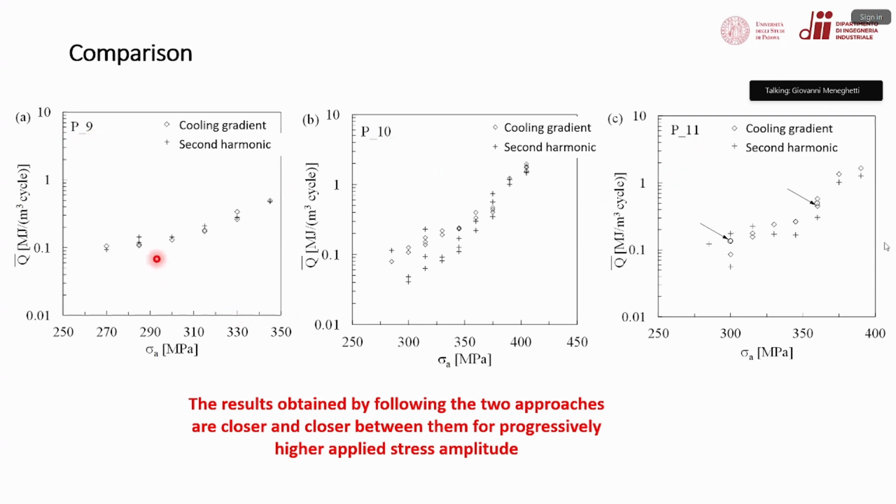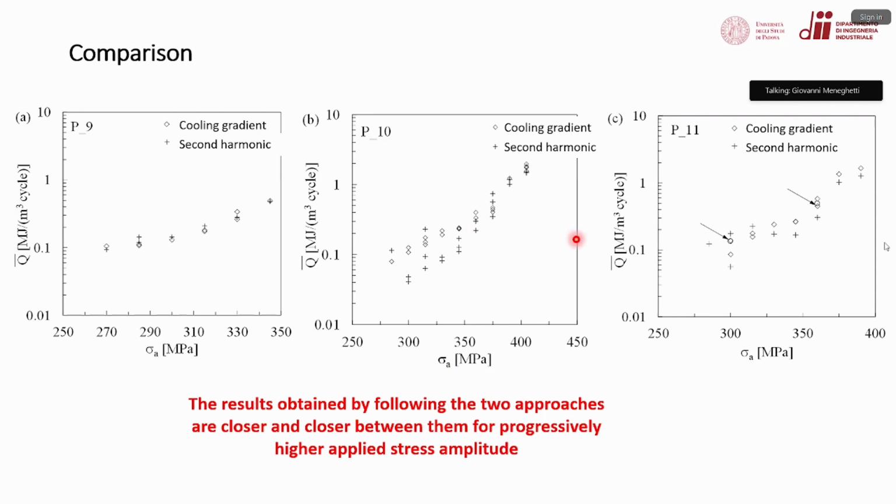As you can see from these pictures, the agreement between the two approaches is better the higher the applied stress amplitude, where the thermal signal is much more clear than for the lowest applied stress amplitudes. But in any case, they are in agreement, at least from a certain stress level to the higher stress levels.